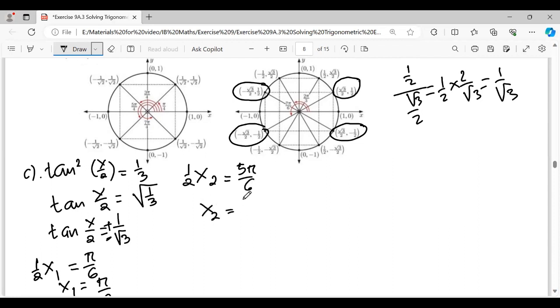So the second x is 5 pi over 12. The third x, this one: 1, 2, 3, 4, 5, 6, 7. Okay, 7 pi over 6. So the third x is 7 pi over 12.